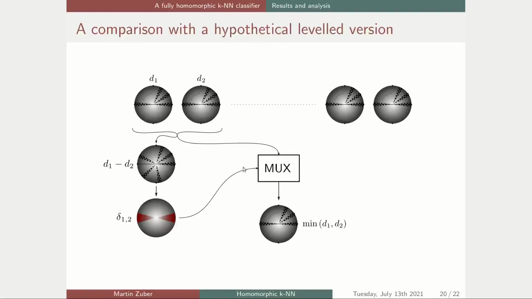One of them is that this mux gate here, when implemented homomorphically, has a huge error growth in it.